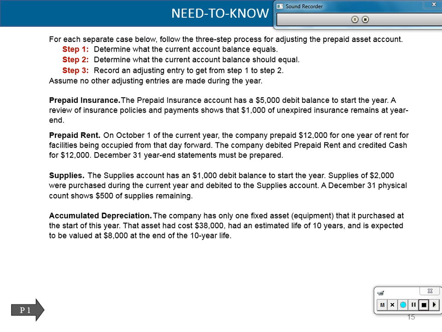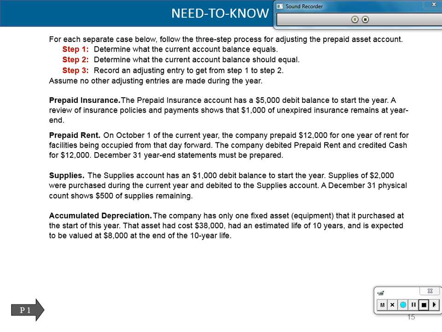Here's some things. You got prepaid insurance. Determine what the current account balance equals, then determine what the current account balance should equal, record the adjusting entry, right? So let's start with prepaid insurance. That prepaid insurance account has a $5,000 debit balance to start the year.